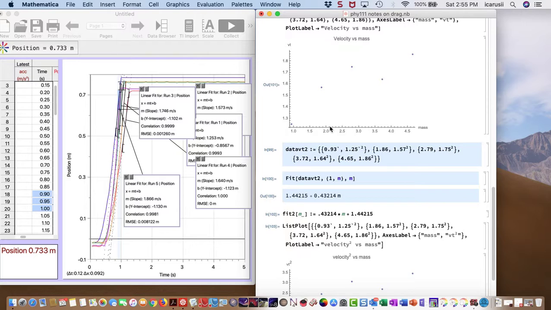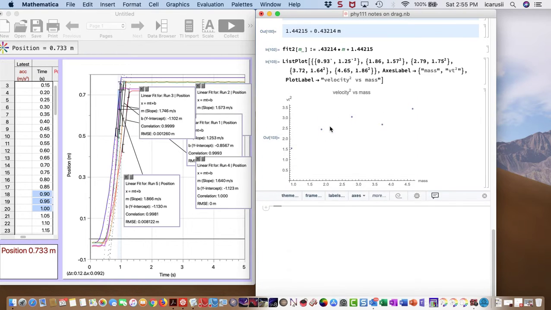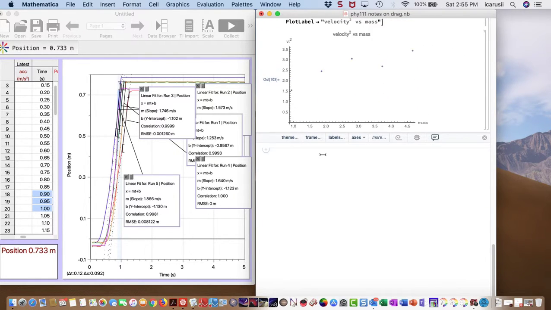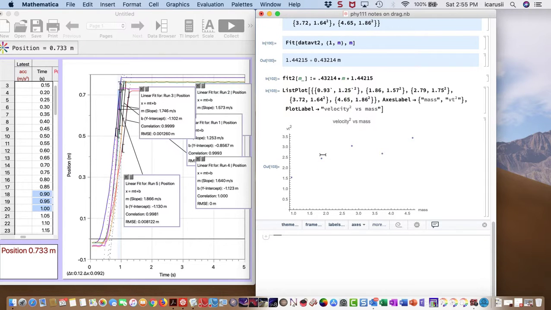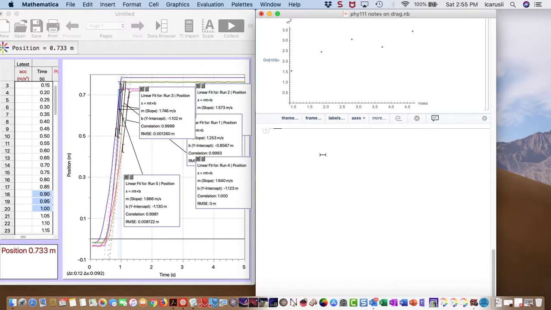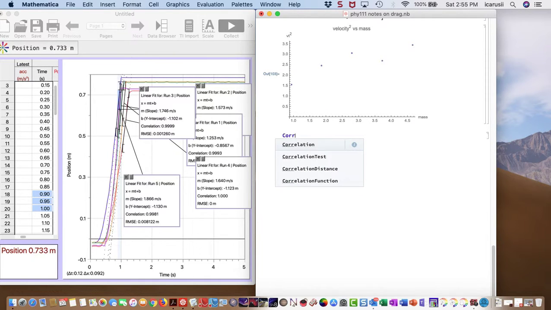Remember that correlation of 1 means that it is exact. Correlation of 0 means there's no relationship between the data at all. And so I'm going to go ahead and do this now. And I'm going to correlate the mass and the velocity, and then the mass and the velocity squared.